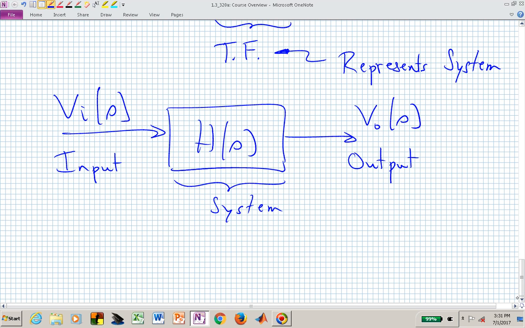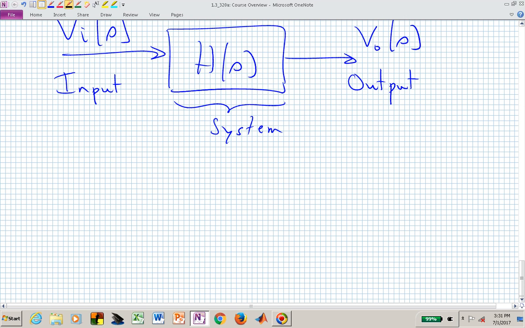And this opens up a lot more opportunities for analysis and understanding of these electric circuits, which by analogy or by extension you can work in many other domains. But now with the complex frequency variable S, we're working in the frequency domain.